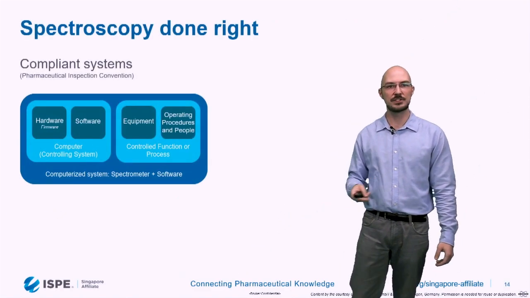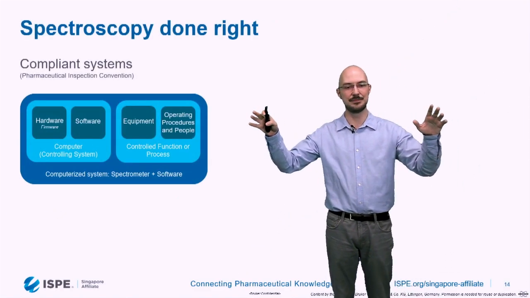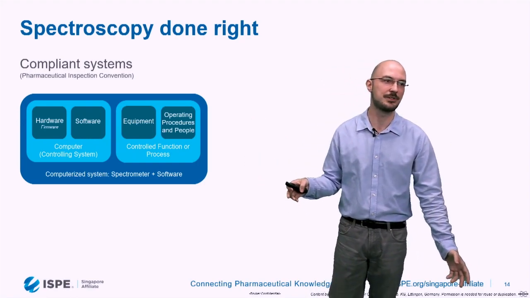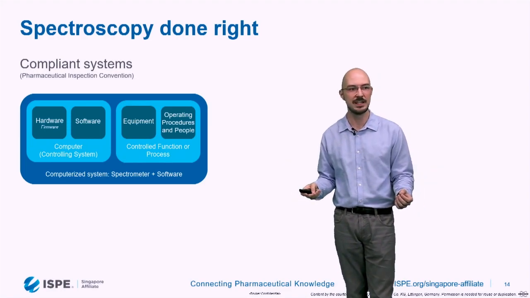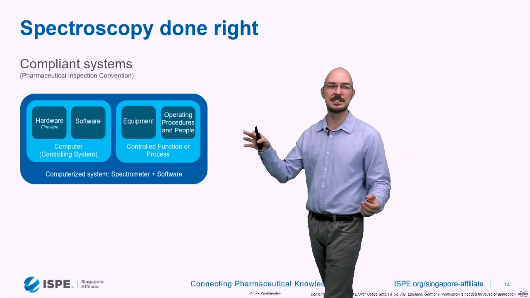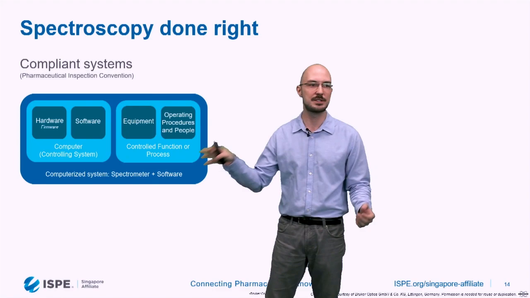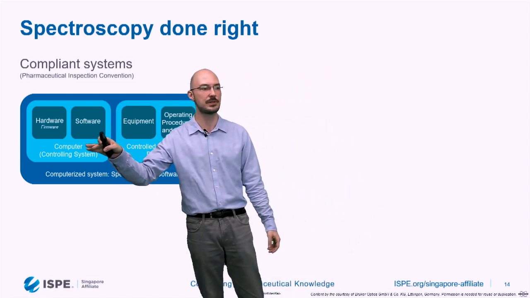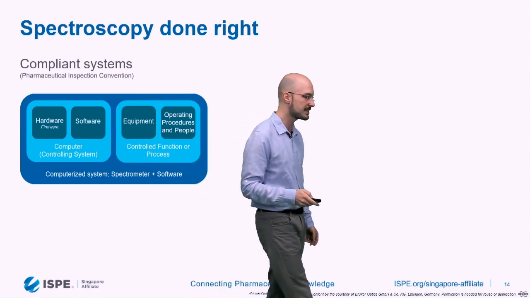And so I talked about all those software features. But a compliance system, according to the Pharmaceutical Inspection Convention, is a computerized system consisting not only of the software, but also the spectrometer. Meaning we can break it down to hardware and software in that regard.